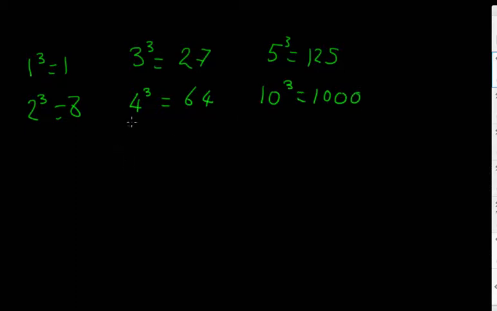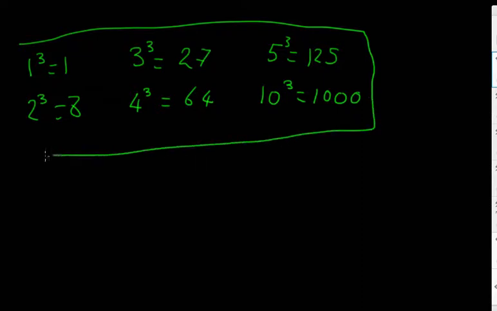And for the same reason, these are useful to be able to quickly identify because they crop up all over the place when you're doing problems, when you're doing area problems, when you're looking at different patterns. So they're useful to be able just to identify these really common square numbers and cube numbers.